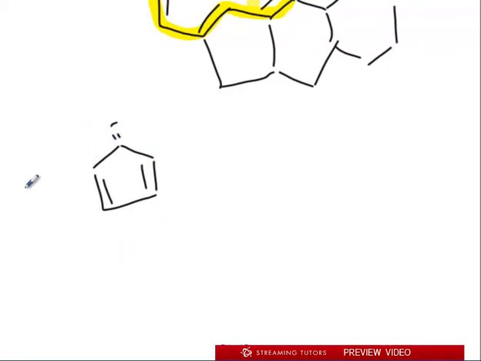So this is cyclic. Now, is it planar? Well, these are definitely sp2. Now, this carbon on top, you might think of right here as sp3, because it has an H, two single bonds, and a lone pair. Normally, we would say that's sp3, but the fact is that it has resonance, so it'll become sp2.